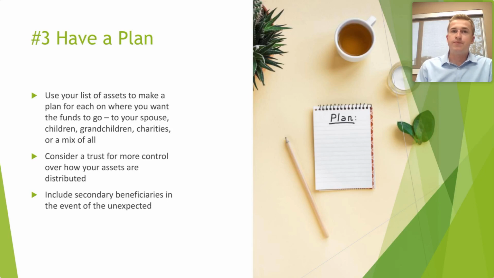On every account that you have, you'll have the option to list primary beneficiaries, and then you can also list secondary beneficiaries, which are contingents in case something happens to the primary beneficiary. There's a plan in place on who the assets are transferred to. So when possible, we encourage clients to add contingent beneficiaries to the accounts on top of the primary beneficiary.